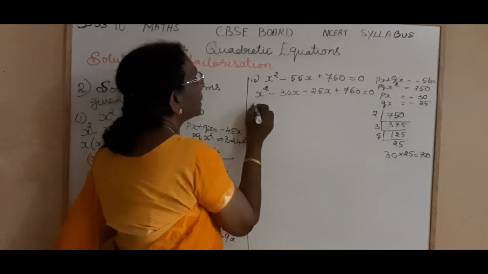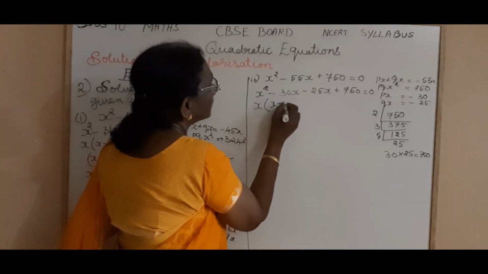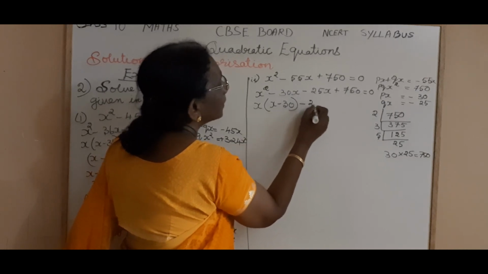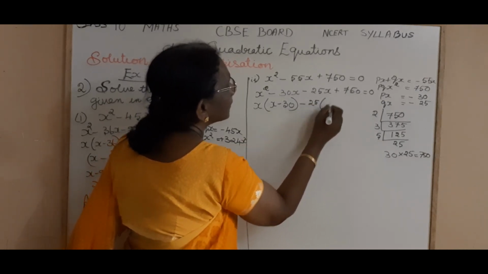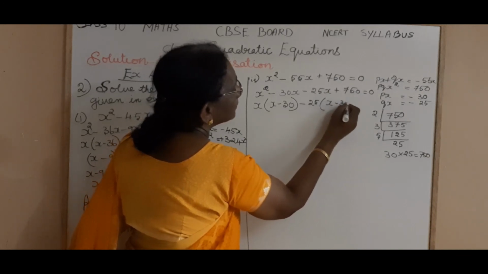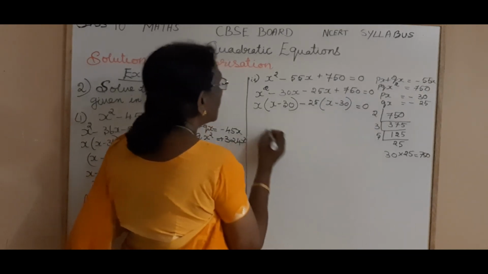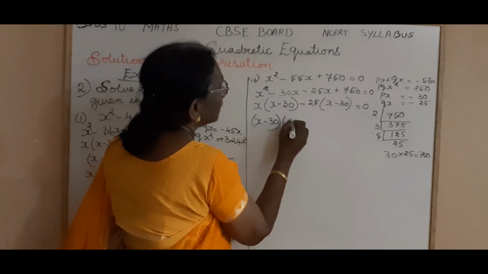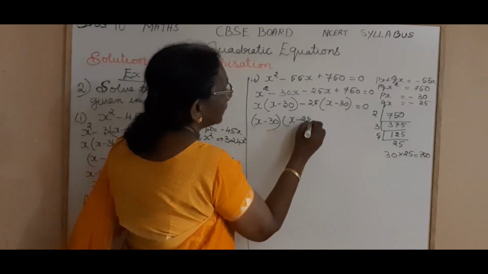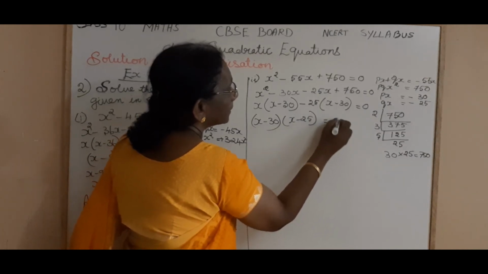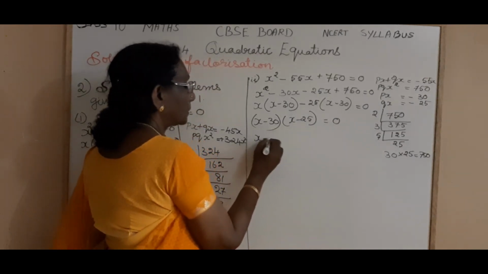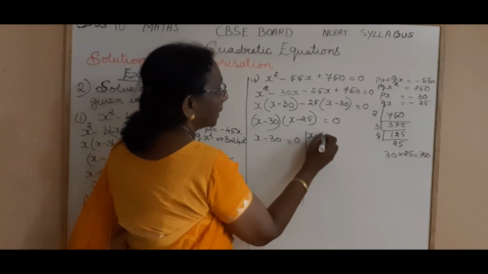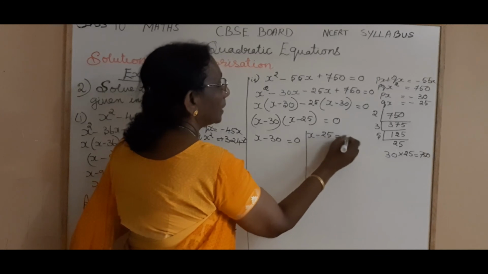So x is common. x minus 30, minus 25 is common. x minus 30 equals 0. So x minus 30 into x minus 25 equals 0. So x minus 30 equals 0 or x minus 25 equals 0.